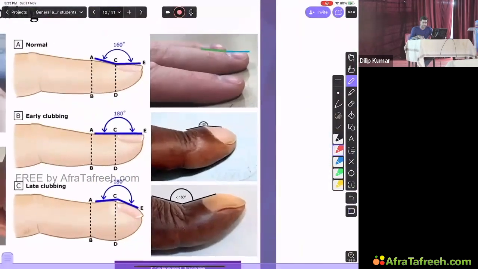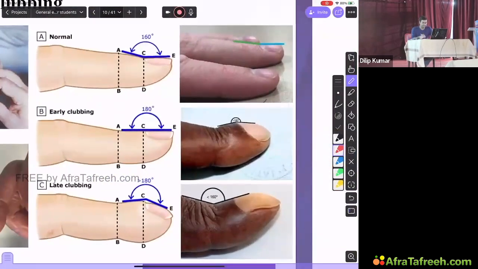So what is this basically? What are you seeing here? What is image number A? Image number A is the normal Lovibond angle. The normal Lovibond angle is approximately 160 degrees or less than 160 degrees.